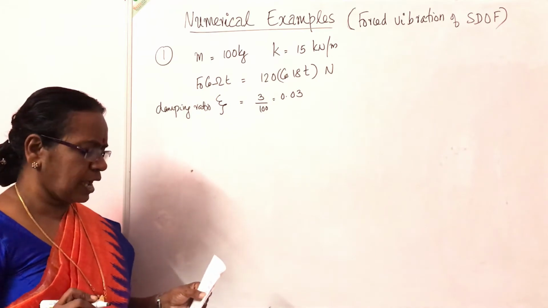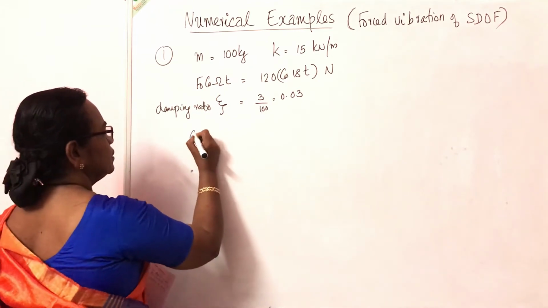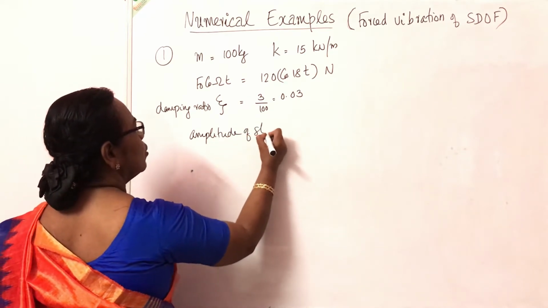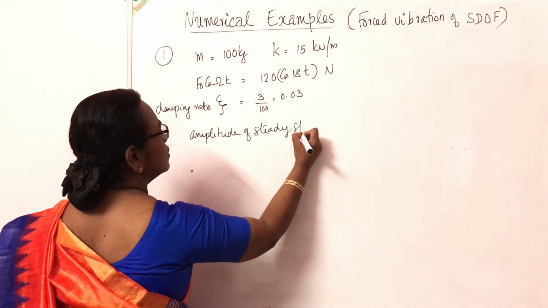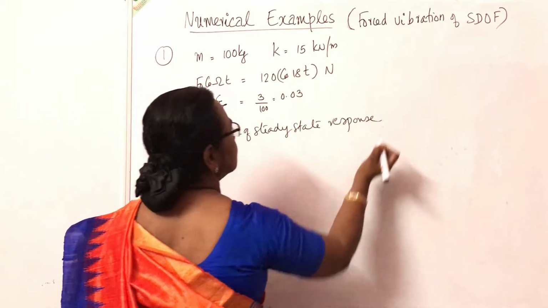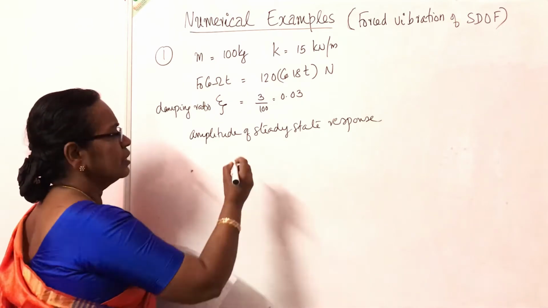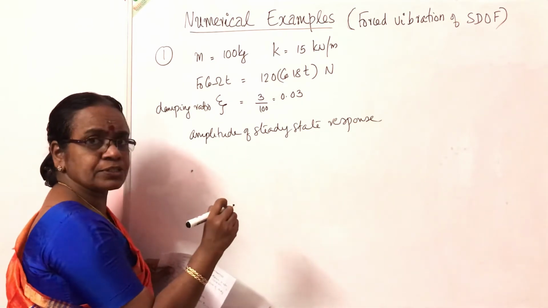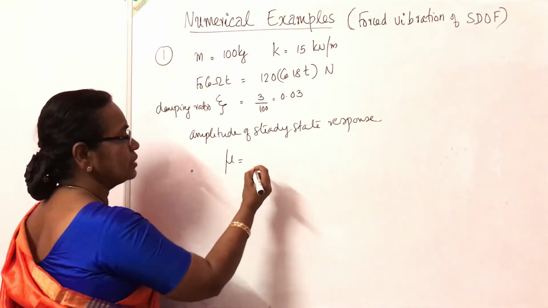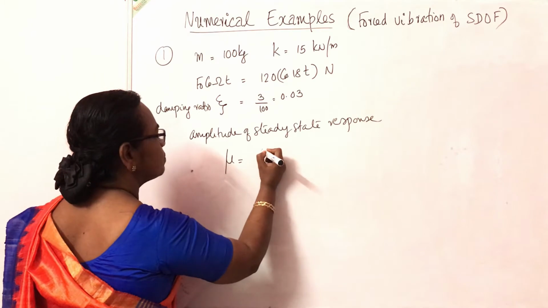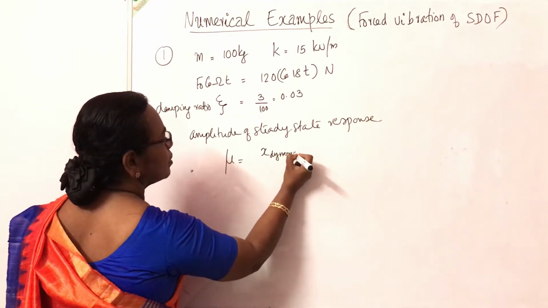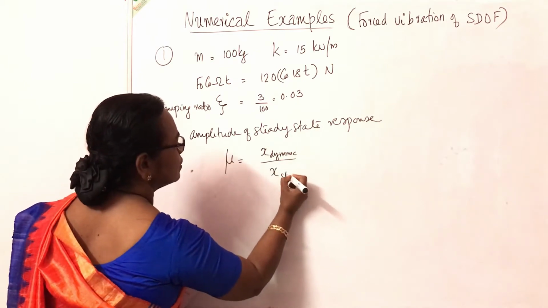We are asked to find out the amplitude of steady state response. That means the dynamic displacement. We have derived the expression. The magnification factor is nothing but the ratio of dynamic displacement, x dynamic, to x static.